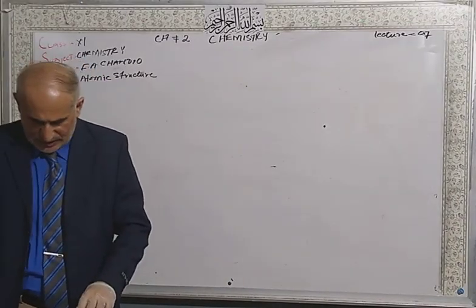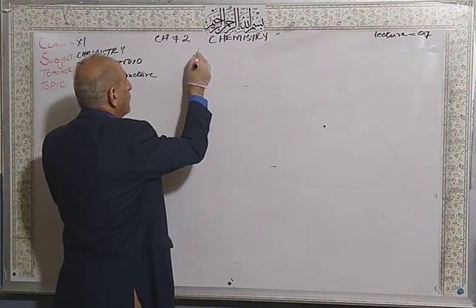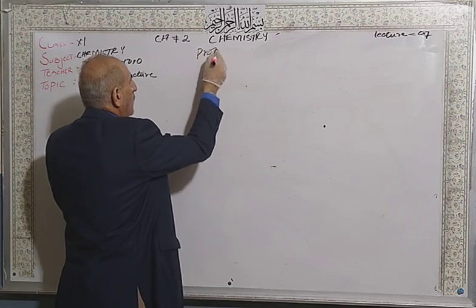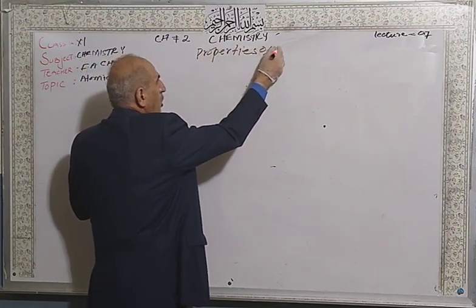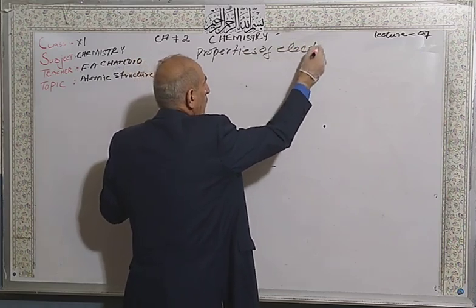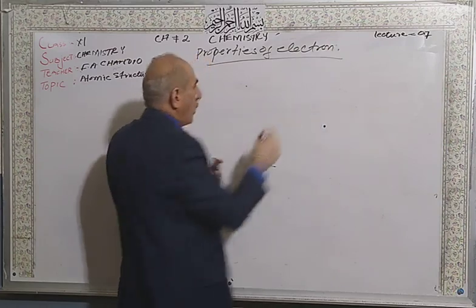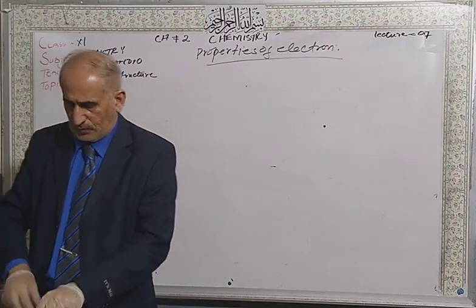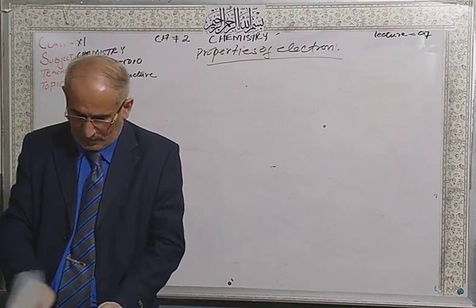Different scientists explain the different properties of the electron. So one by one we have to explain.